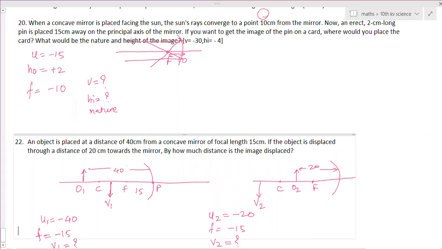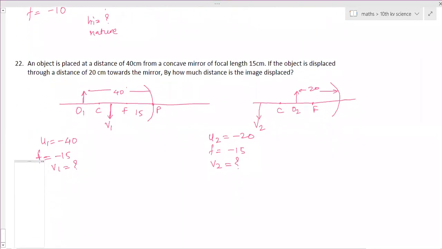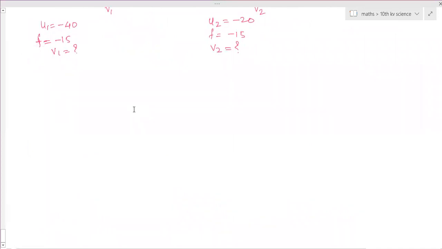That means if a ray is passing through the center of curvature, like this, the line is passing through C and falling on the mirror. This is the point of incidence.